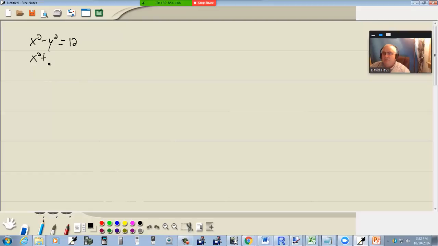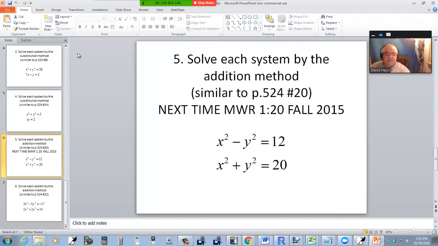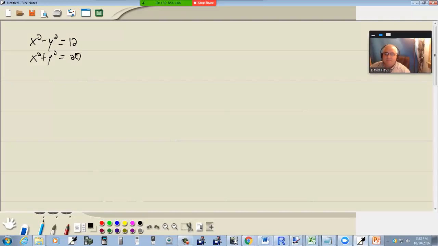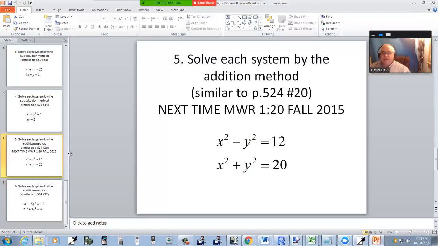Then we got x squared plus y squared is equal to 20. Now this is the addition method. The reason why this one works well with the addition method is they look almost exactly alike. They both have x squared, both have y squared, both have numbers on the right side.